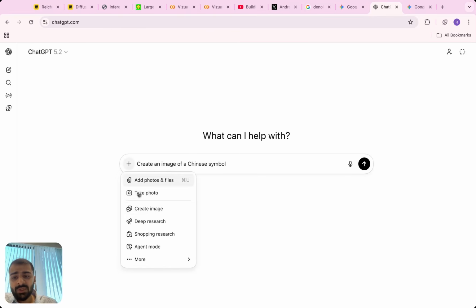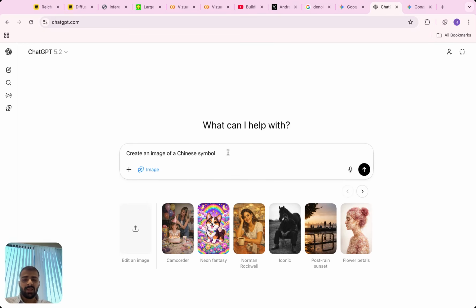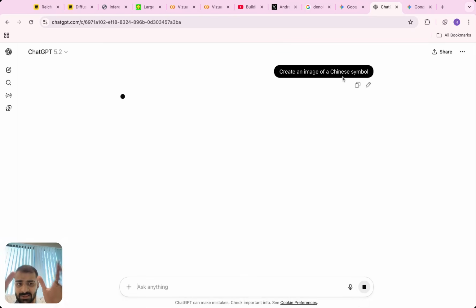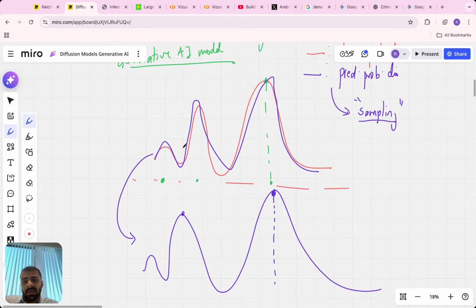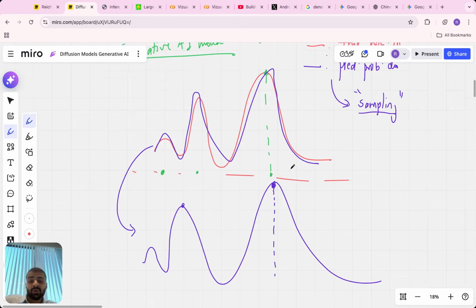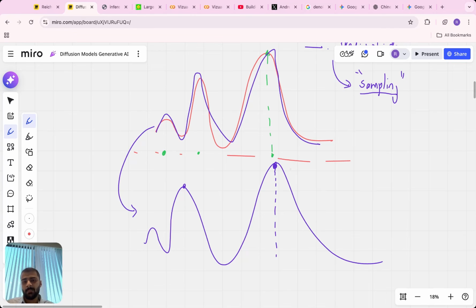Currently, what I'm teaching you is a probabilistic viewpoint of generative AI, right? When I give this text, ChatGPT somehow understands that it has to find the probability distribution where Chinese symbols are living and try to match it to the actual probability distribution. Then it finds this purple probability distribution and then samples from it.